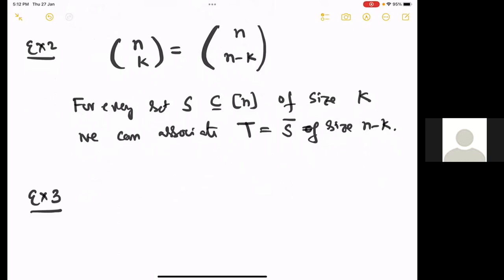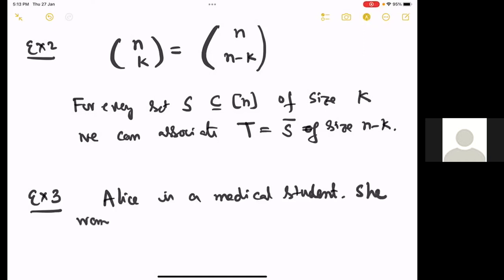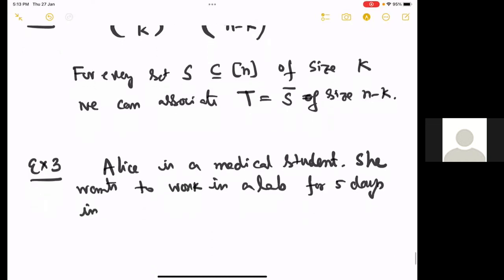Alice is a medical student, and she wants to work in a lab for 5 days in the month of January.